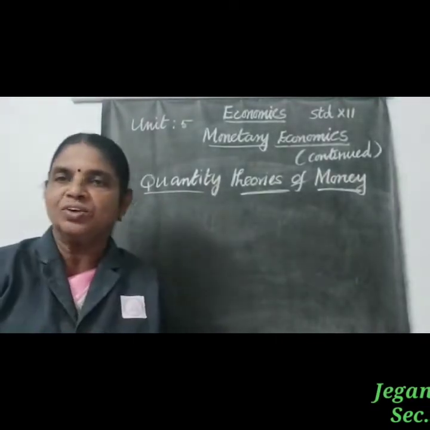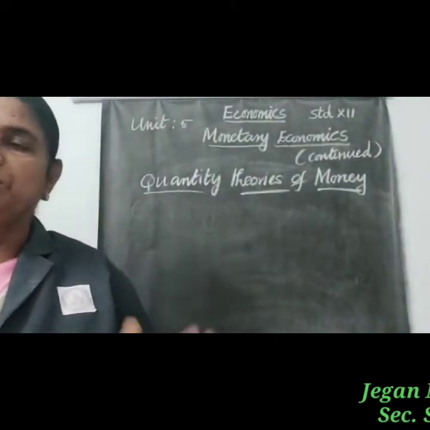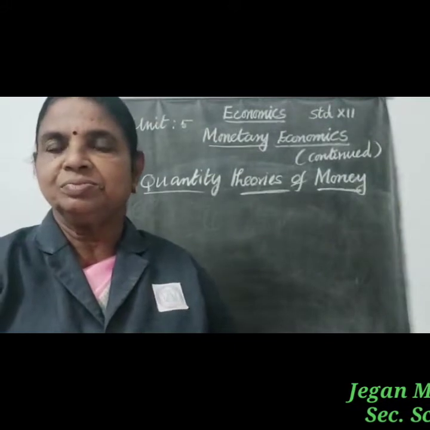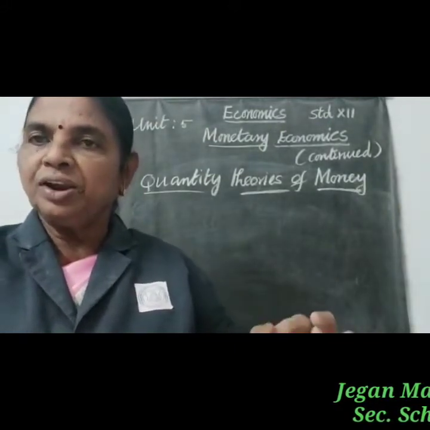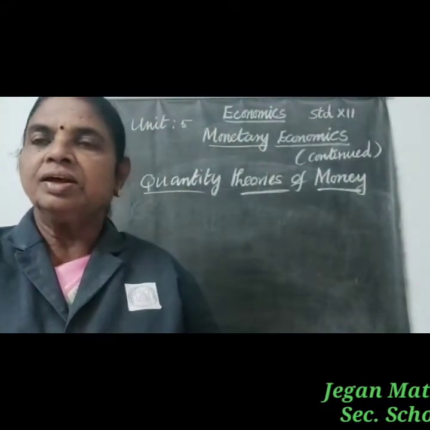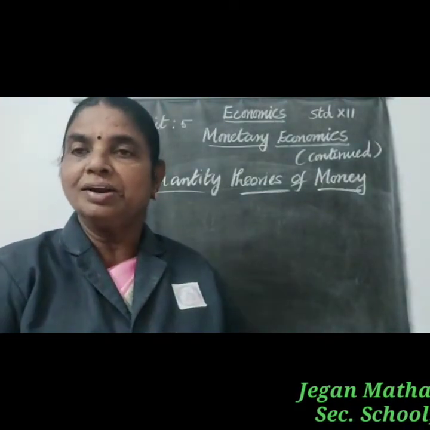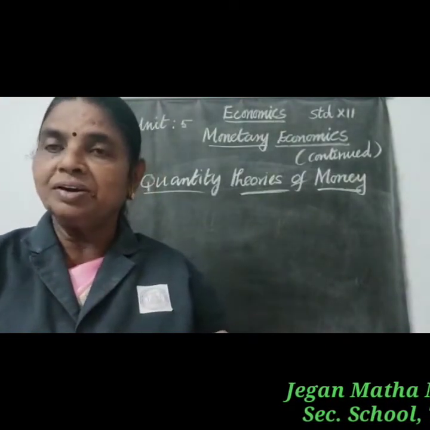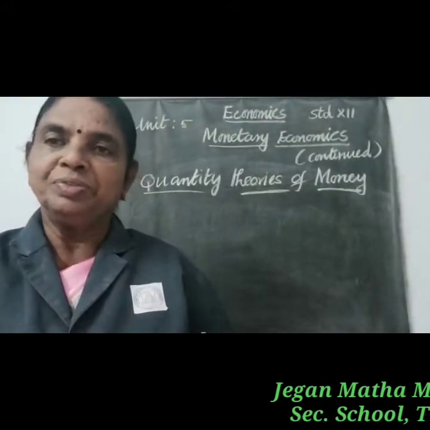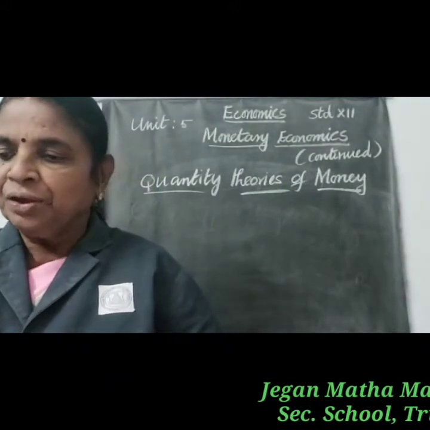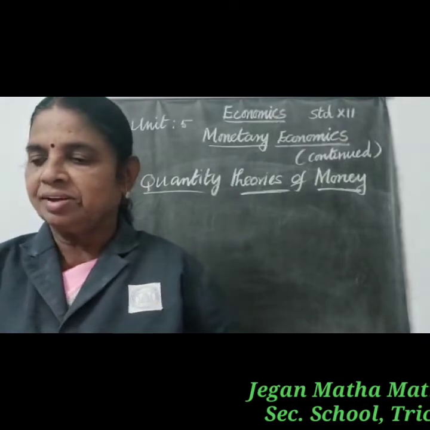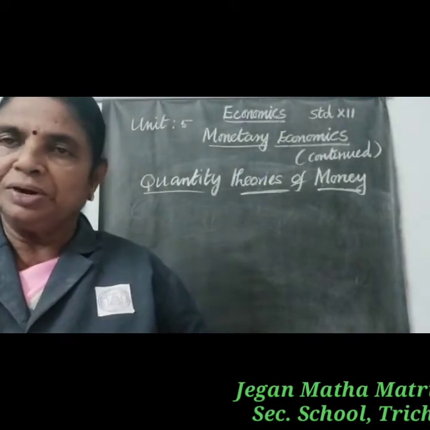Economics, Standard 12, Unit 5, Monetary Economics continued. Dear students, we learnt the barter system, evolution of money, the different uses and importance of money, the functions of money, and money supply. Money supply means the total quantity of money.